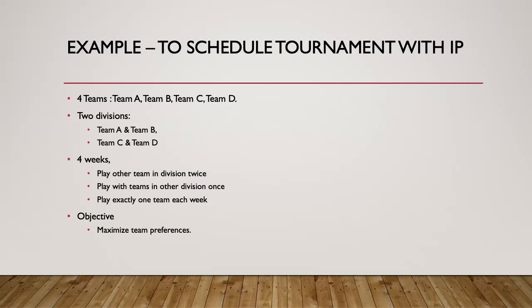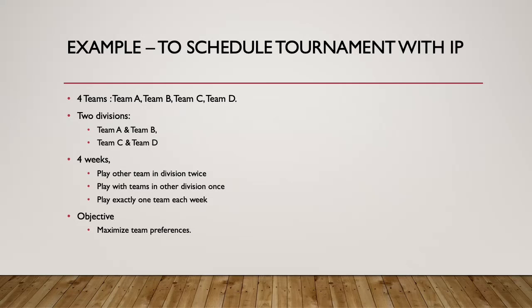Let's take an example of scheduling a tournament with integer programming. We have 4 teams, team A, team B, team C and team D, and we divide these into 2 groups. Team A and team B are in one group, and team C and team D are in another group. The constraints are: a tournament of 4 weeks, and each team plays the other team in its division twice.